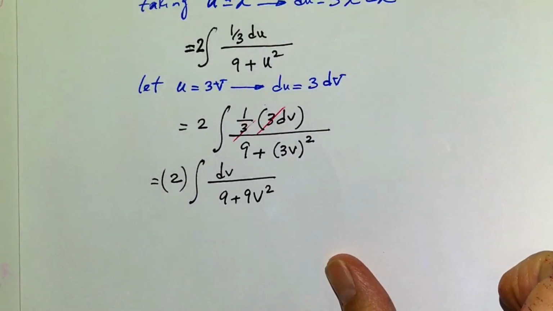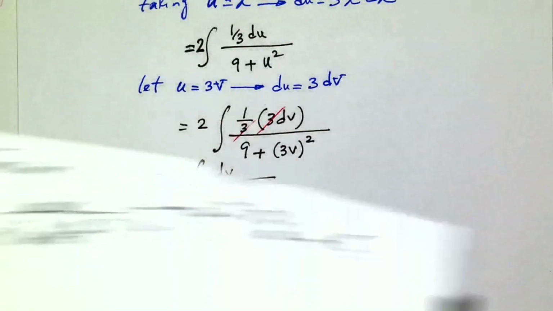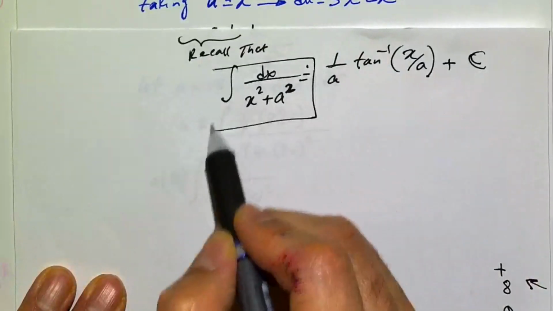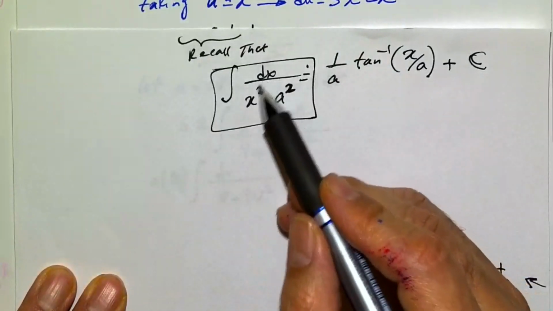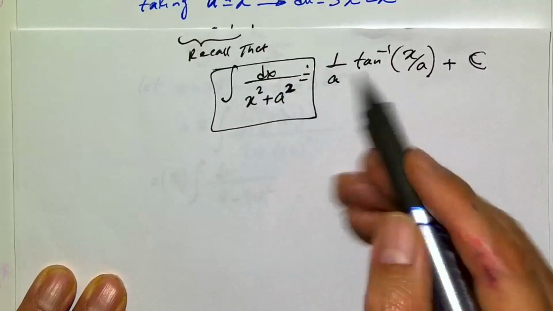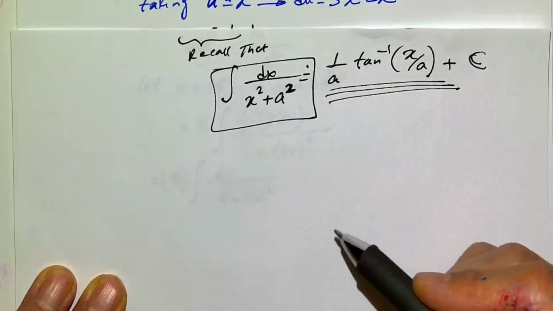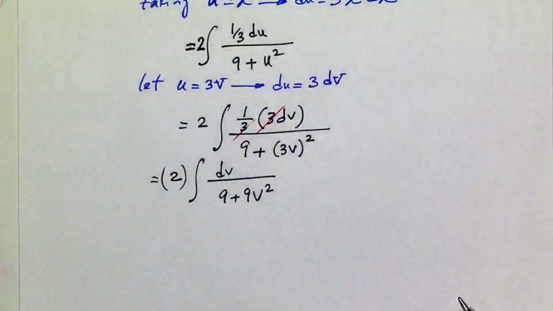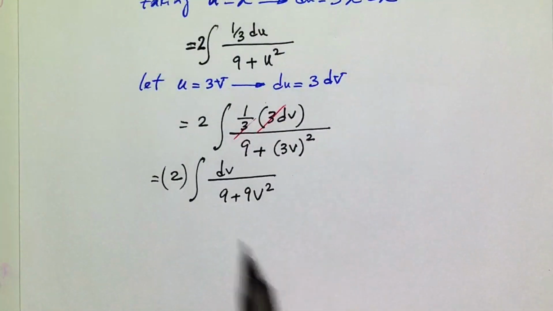So we're working our way toward obtaining this format, because if we do have this format, then we can easily integrate it using this formula. So this is our objective as we manipulate this original integral.